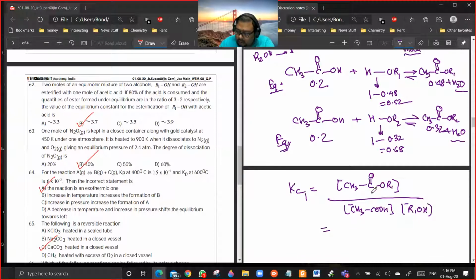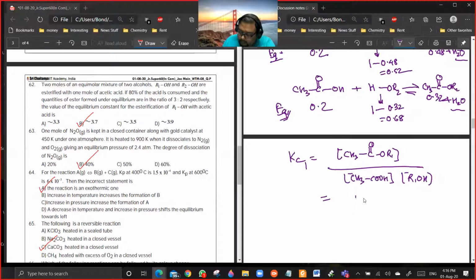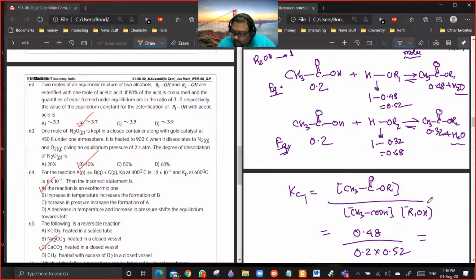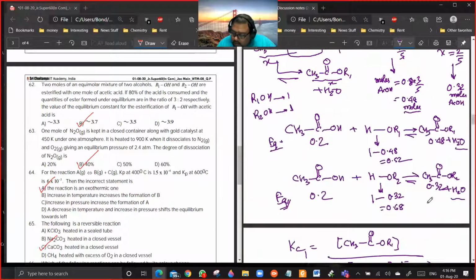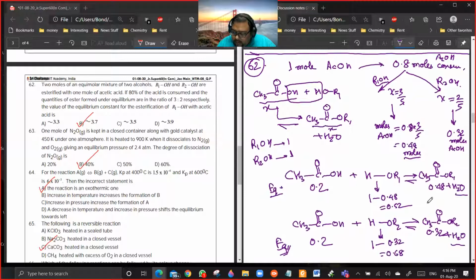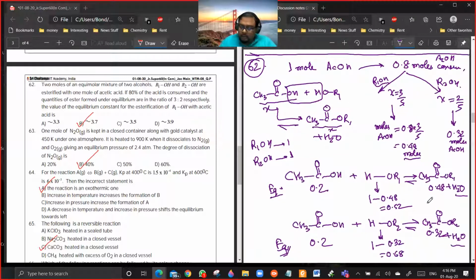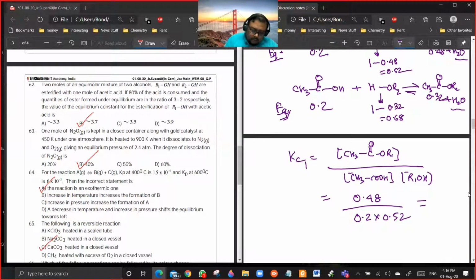So it is 0.48 by 0.2 into 0.52. Okay, I will explain. Let me first get the answer. So it will be 0.48 divided by 0.2 into 0.52. The answer is coming out to be 4.6.